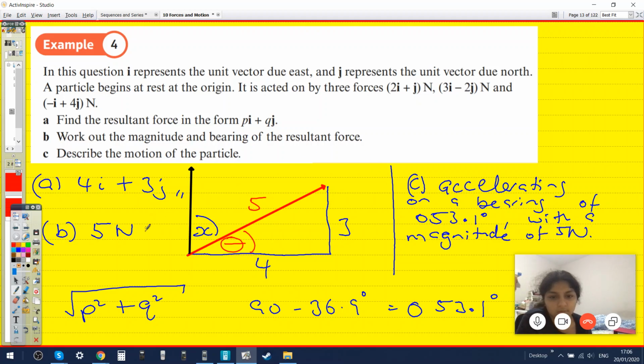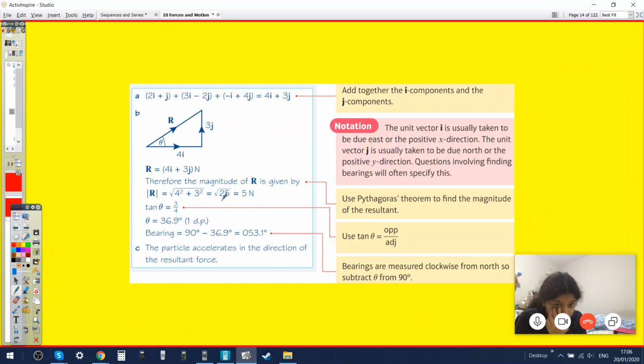I hope so. Let's take a look. 5 newtons, 053.1 degrees. The particle accelerates in the direction of the resultant force.